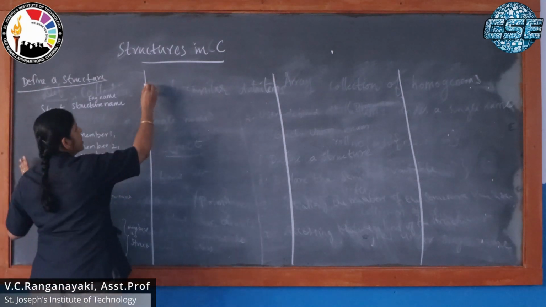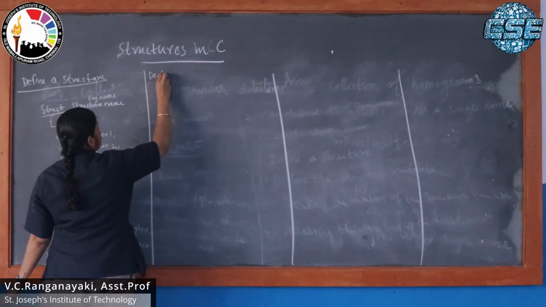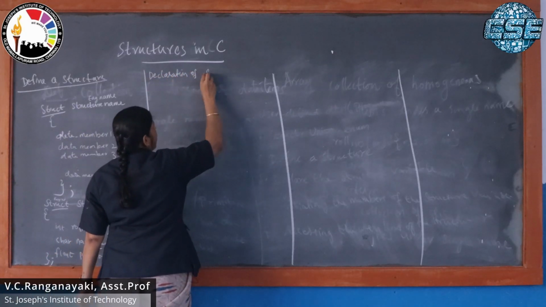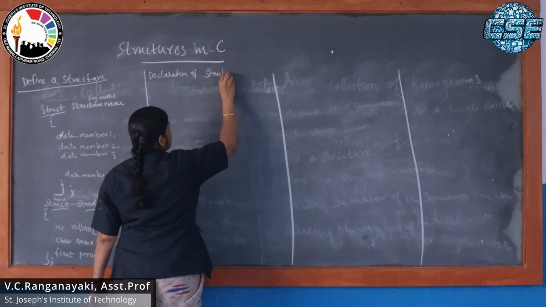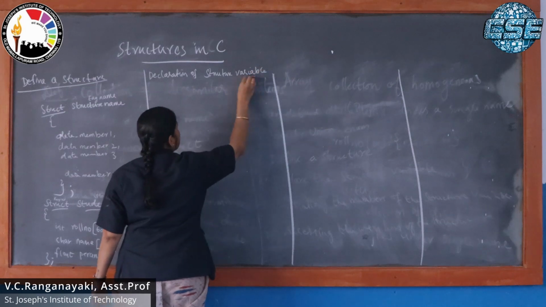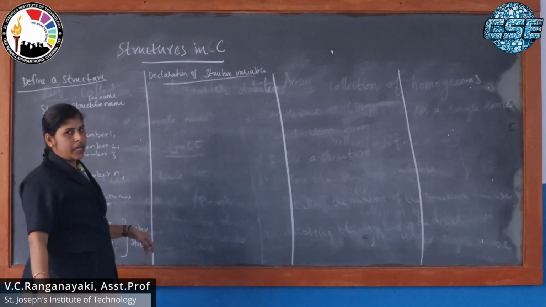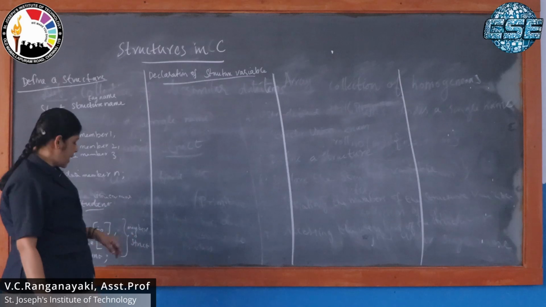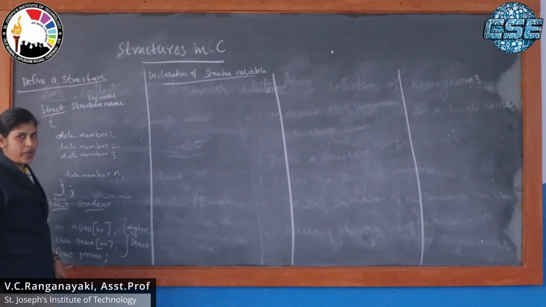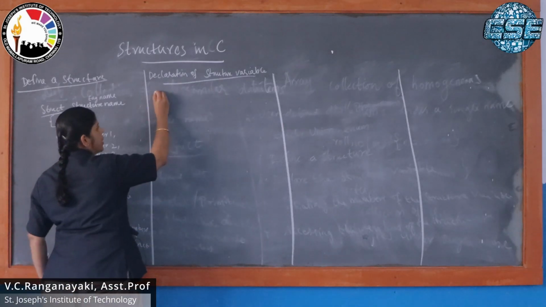Next step is declaration of the structure variable. How do we declare the structure variable? After the body of the definition, we have to declare the structure variable. Same example I'll take.